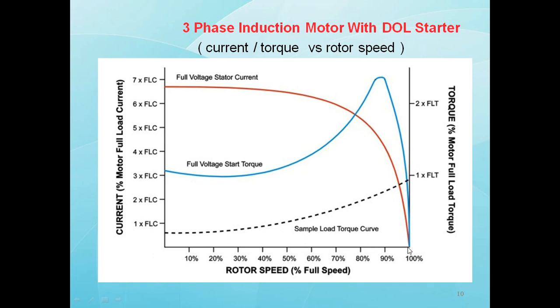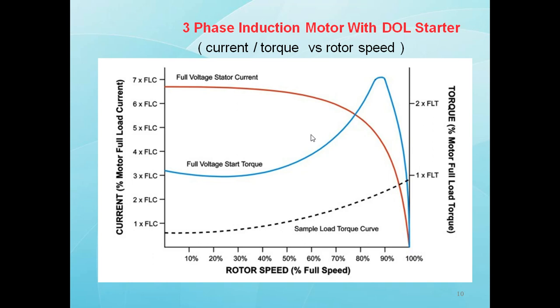When the motor reaches 100% of the speed, the current is zero. And the torque you can see, the full load torque is less, but it increases as the speed increases.